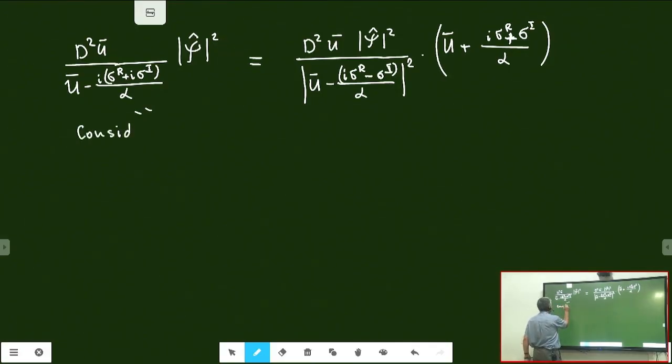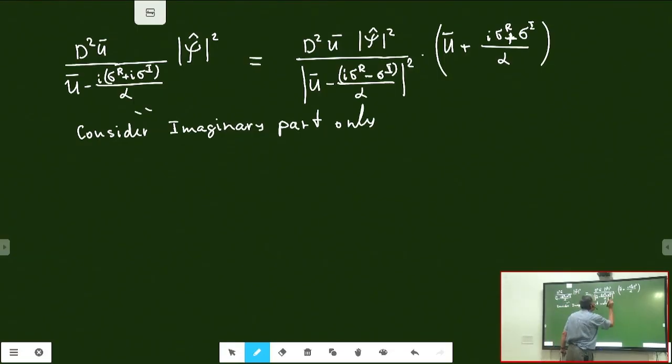So consider only the imaginary part, which means u is not there, sigma i is not there, sigma r is there. Therefore it will be sigma r divided by alpha multiplied by the integral.